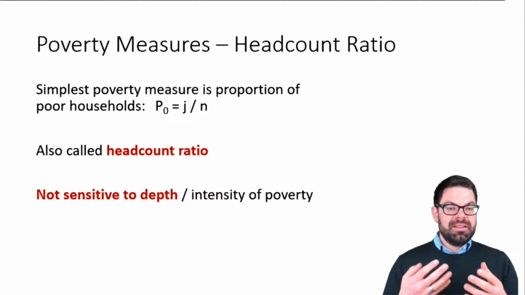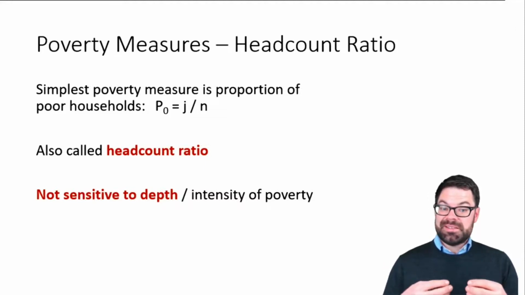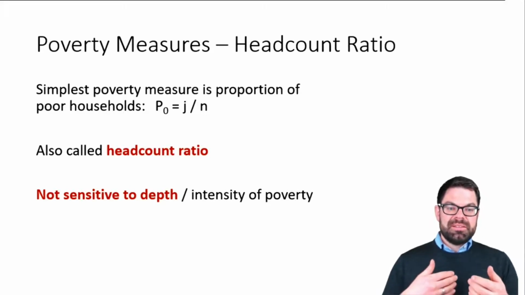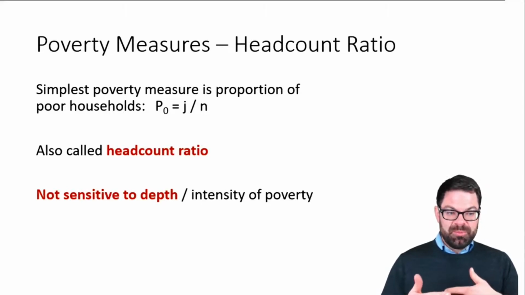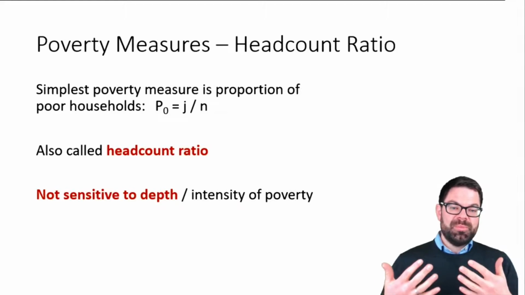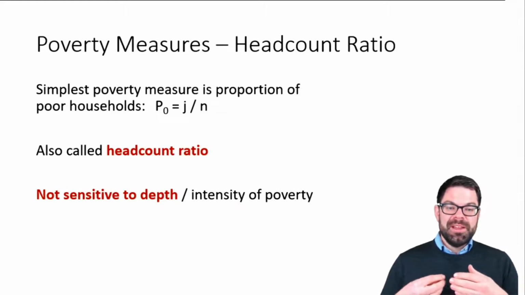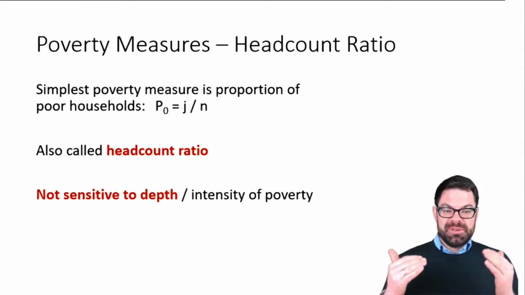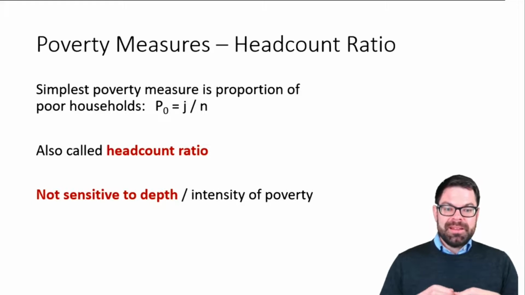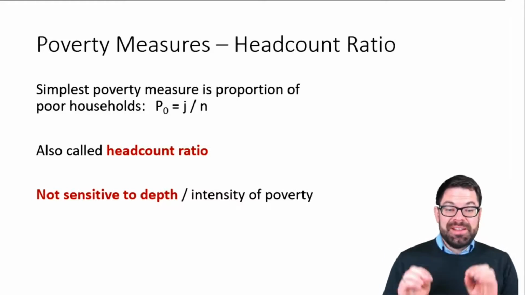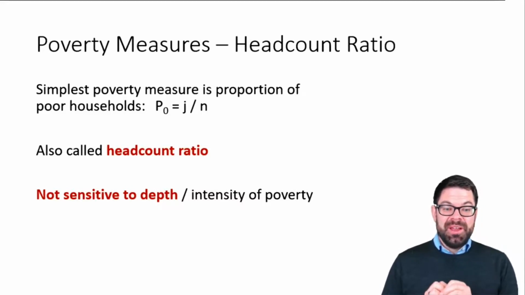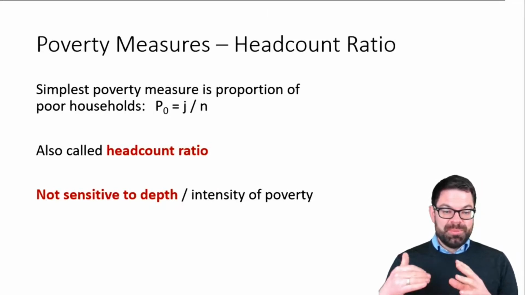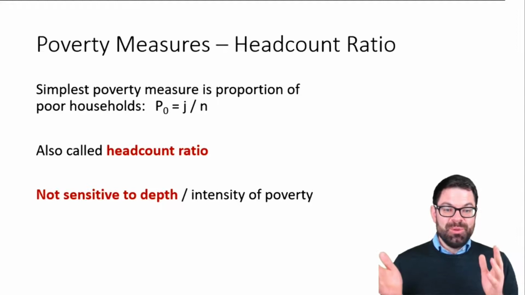And the good thing about it is it's very simple, but it doesn't tell you anything about the depth of poverty. So how poor are those people really? If you have, let's say, a poverty line at 2/3 of the median income, and everyone who's below that gets just a tiny bit less than 2/3 of the median income, that is different from everyone who's below the poverty threshold getting 0.